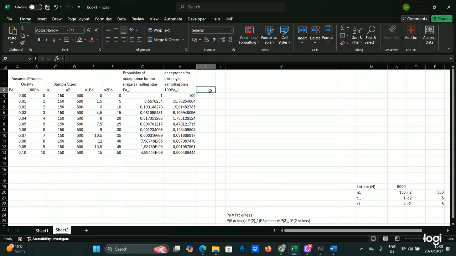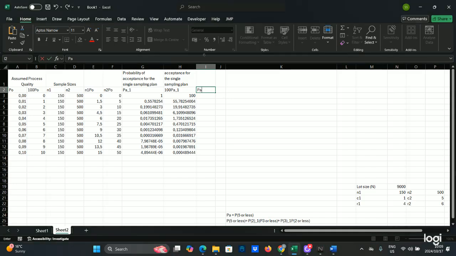So now you have to calculate the probability of acceptance. This is going to be your first sample.